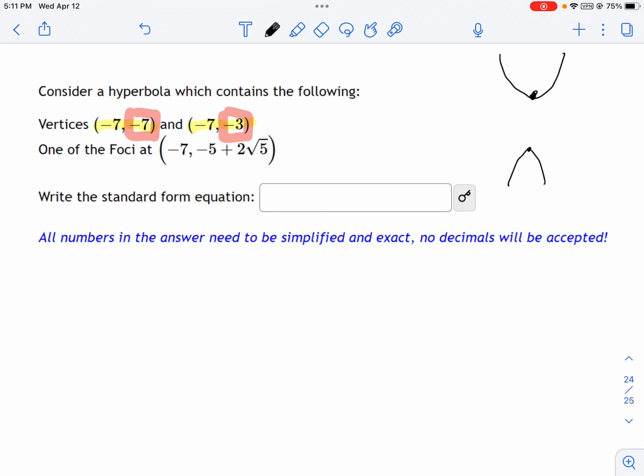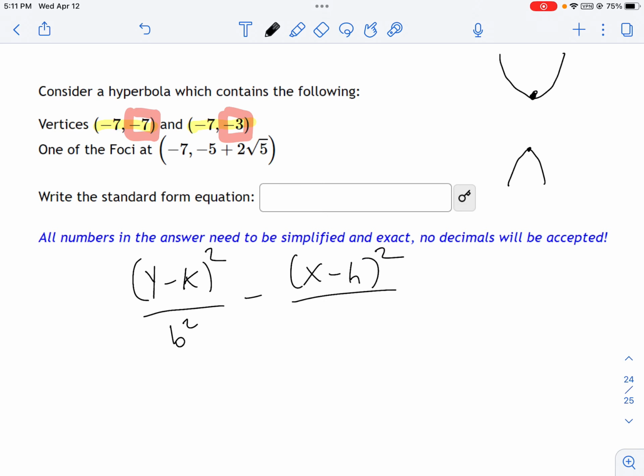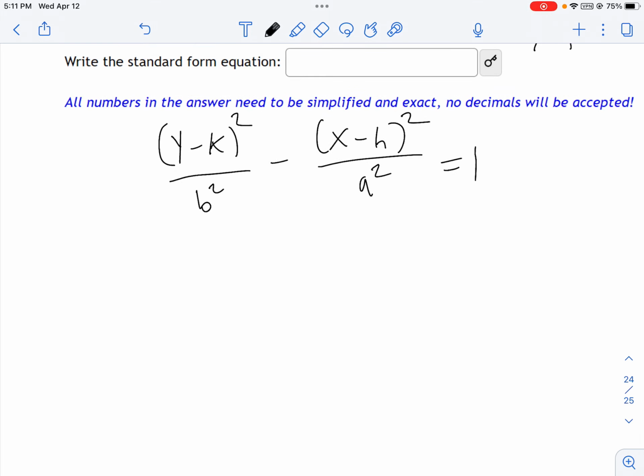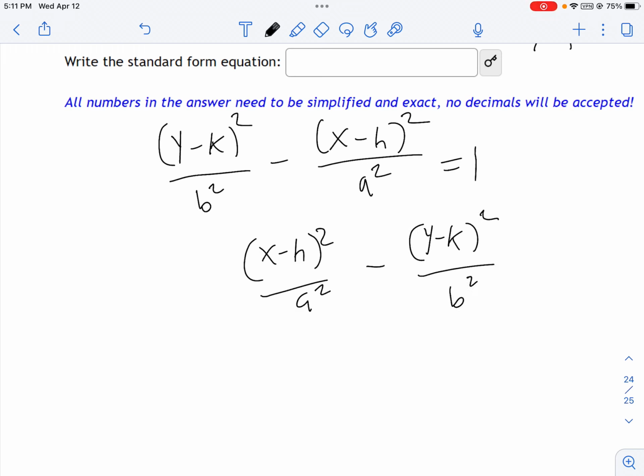Remember, in order for the equation to essentially be a thing, if it's vertical, that means your y term is positive, and your x is negative. Alright, so this is the equation for a vertical hyperbola. If it was a horizontal one, all you do is you would essentially put this first, so you have x minus h squared over a squared, subtract, y minus k squared over b squared equals 1.